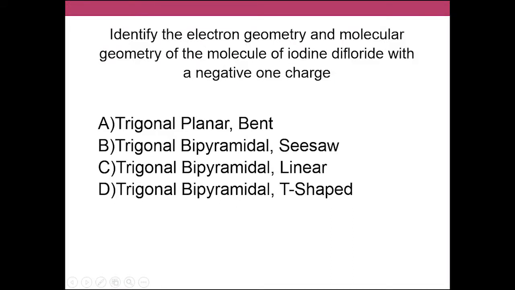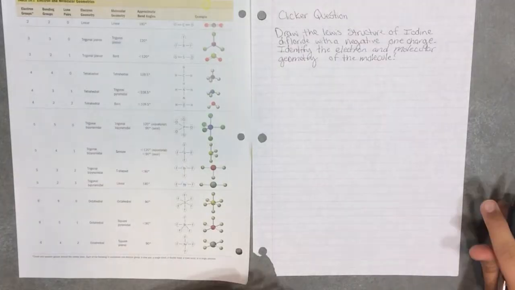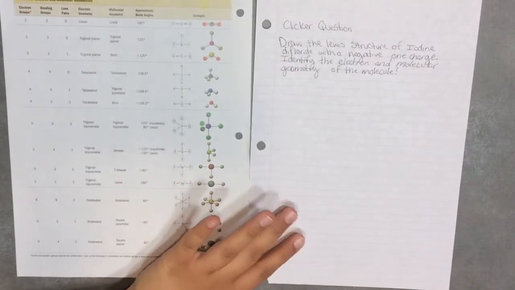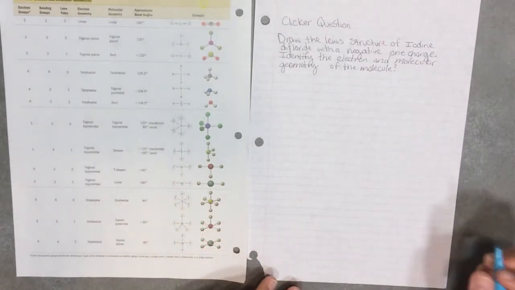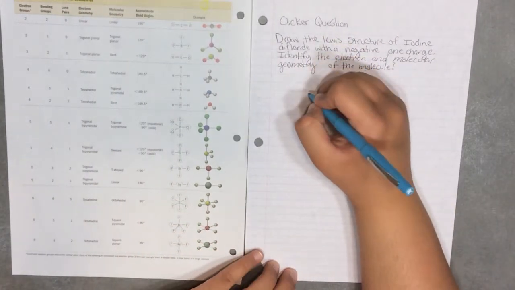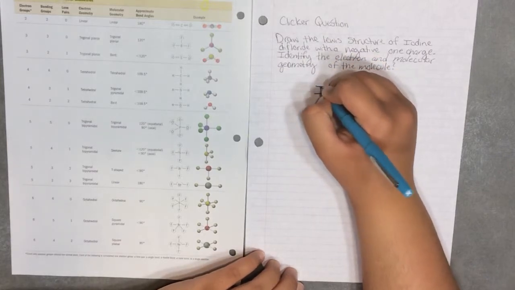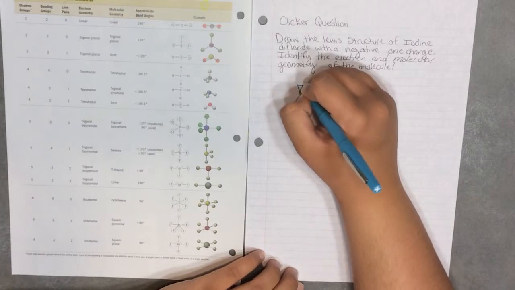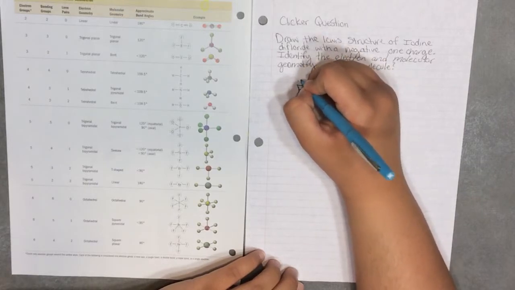Next, I want you guys to identify the electron geometry and the molecular geometry of the molecule iodine difluoride with a -1 charge. To work out this clicker problem, the first step, as always, is to draw the Lewis dot structure, with iodine being the central atom and the fluorine attached on the sides.